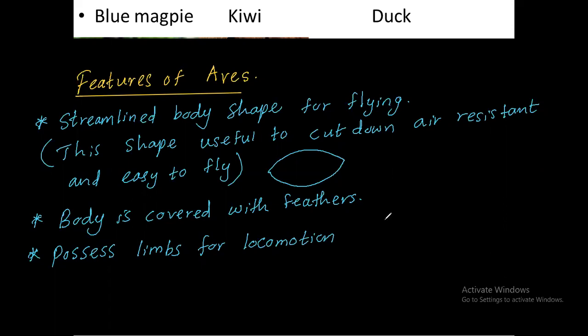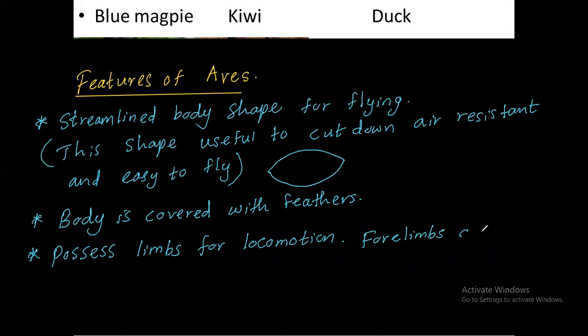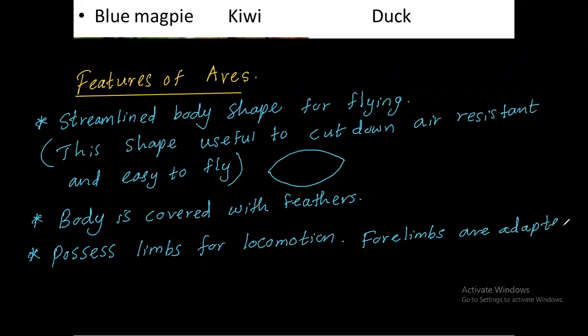Four limbs are adapted as wings. They don't have forelimbs. Forelimbs means front, the two limbs at the front. They become wings, right? Forelimbs are adapted as wings.